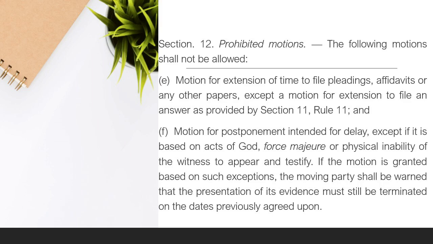If the motion is granted based on such exceptions, the moving party shall be warned that the presentation of its evidence must still be terminated on the dates previously agreed upon.